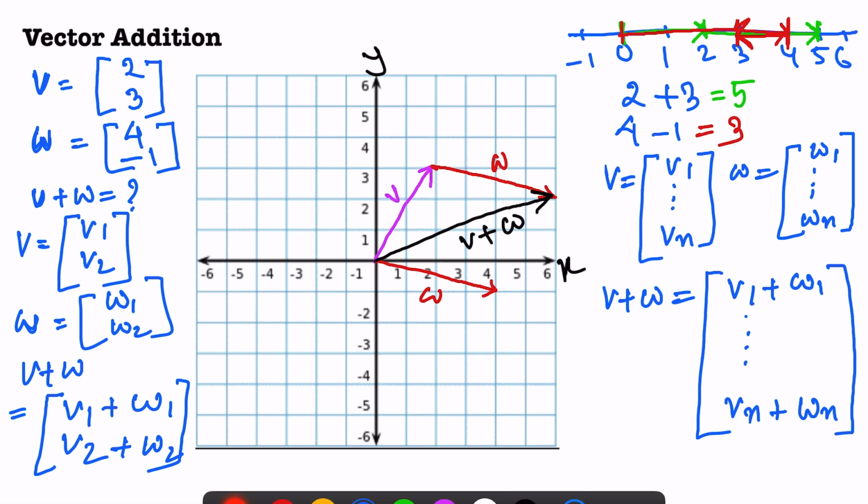So we can see it in this way: v1 plus w1 is the x coordinate update, then v2 plus w2 may be the y coordinate update, v3 plus w3 will be the z coordinate update, and vn plus wn will be the last coordinate update, the nth coordinate update. Next is scalar multiplication.